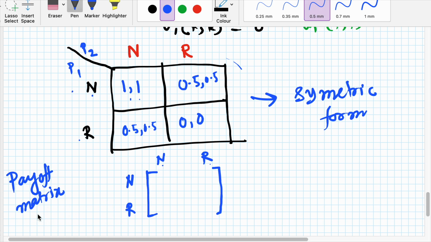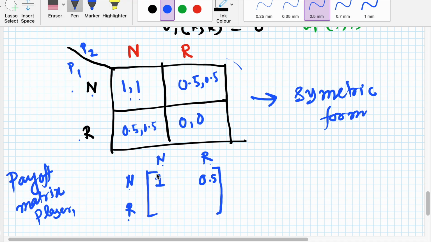Now the payoff matrix of player 1 is, if both of them show the action N, N, that means both of them are exerting force towards the nest, then player 1's utility is 1. If N, R, player 1's utility is 0.5.